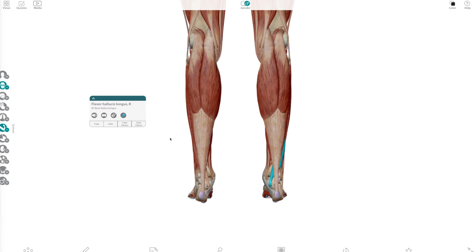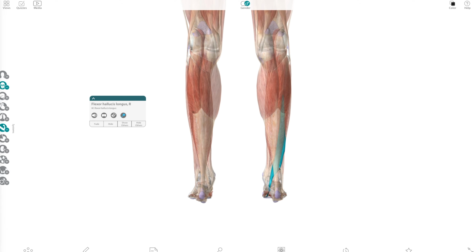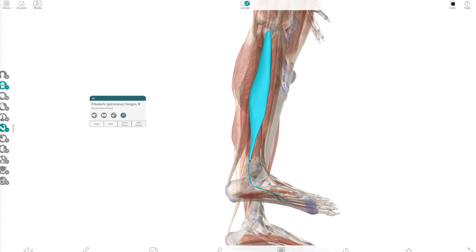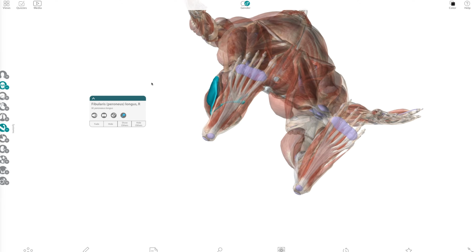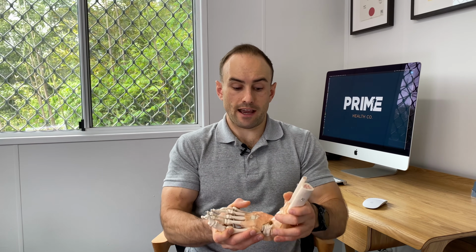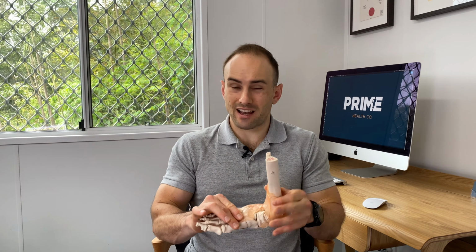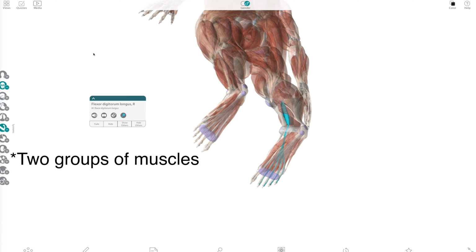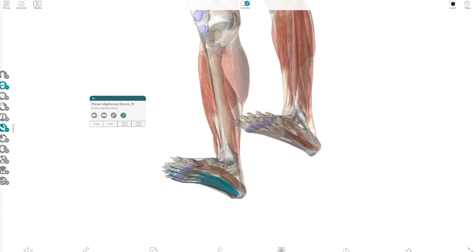Of all those findings, the three biggest differences between the groups were reduced or weakened toe flexor muscles, weakness of the peroneal muscles, which are a group of muscles that run on the side of the shin and run under the foot, and thirdly, reduced ankle dorsiflexion range of motion. So for this video, I'm just going to be discussing how to strengthen the toe flexors and the peroneal muscles of the foot, as weakness in these two muscles was shown to be a predictor of plantar fasciitis.